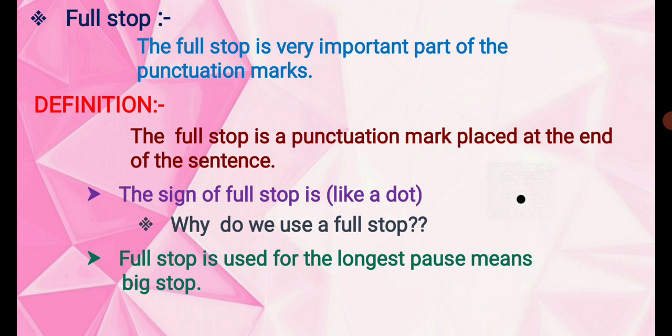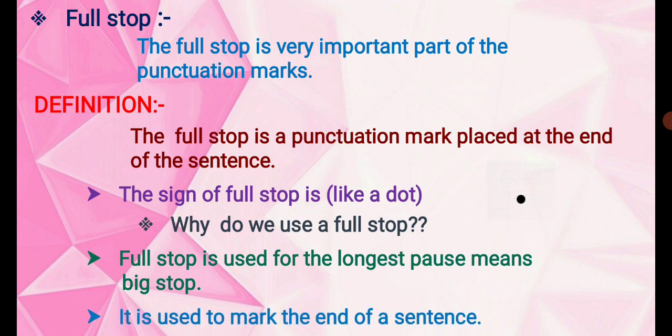At that time we put a full stop. It is used to mark the end of the sentence. So we understand that wherever the full stop is, after the sentence, we have to stop for a while and then start a second sentence in a reading manner, and if we are writing, then the full stop shows that here is the end of the sentence.